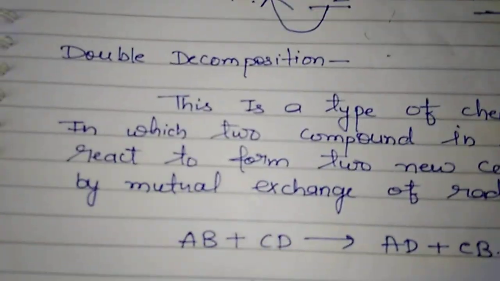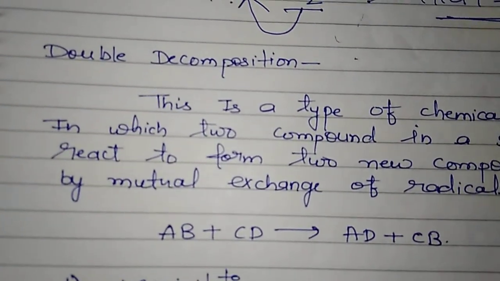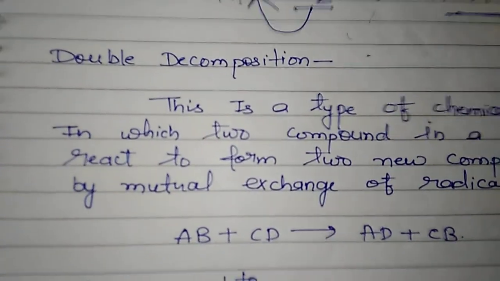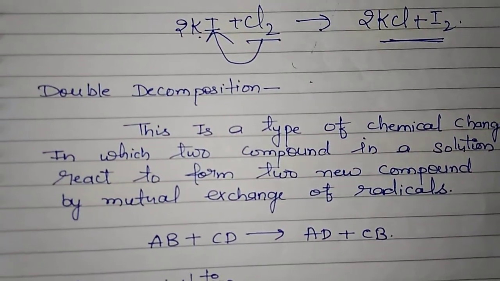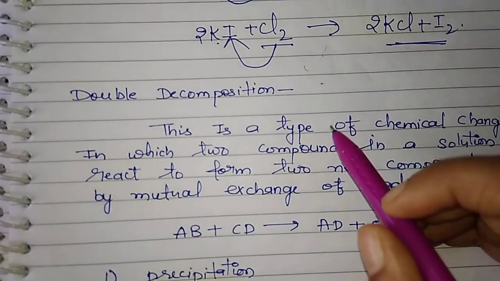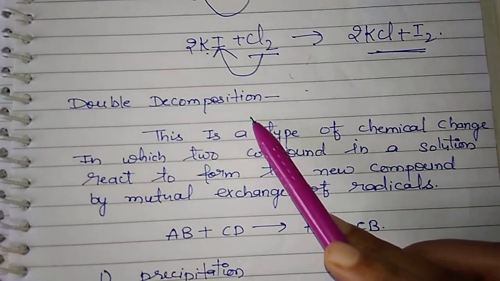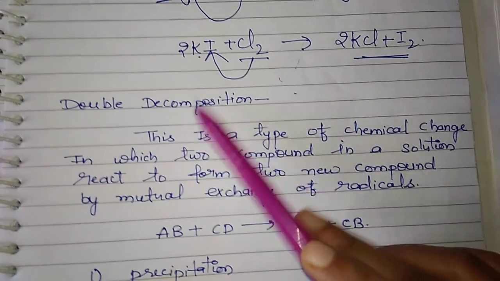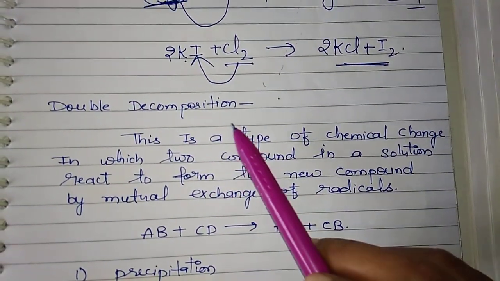Now we are going to discuss double displacement reaction. Same as displacement reaction, we are going to discuss double displacement reaction. Double decomposition is also known as a double displacement reaction.